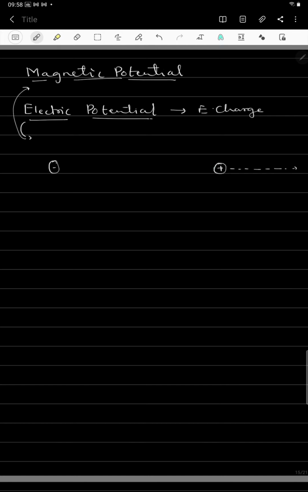So what we are doing, we are doing some work on this test charge, bringing it from the point of infinity up to this charge point, which has the electric field surrounding this charge.